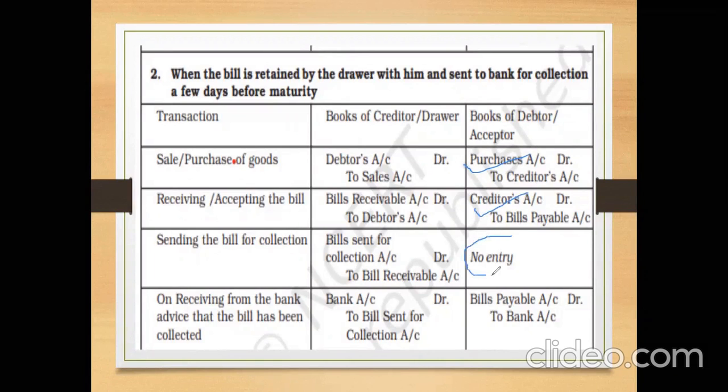Here in his books there won't be any journal entry, because he is unaware of the process of sending the bill for collection, and that's why on the due date he'll simply make the payment of his bills payable through his bank. So this is the case in the books of drawer: whenever there is sending for collection, there is one additional journal entry in the books of drawer.